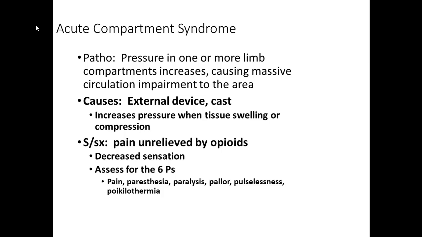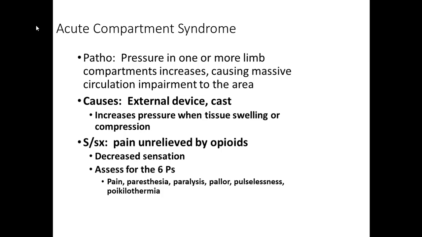When these compartments are swollen, maybe blood flow is, or maybe they're bleeding into it. Maybe the plasma proteins are leaking into the interstitial space, you name it. But when these compartments are, for some reason, swelling, edematous, there's no place for the swelling to go.